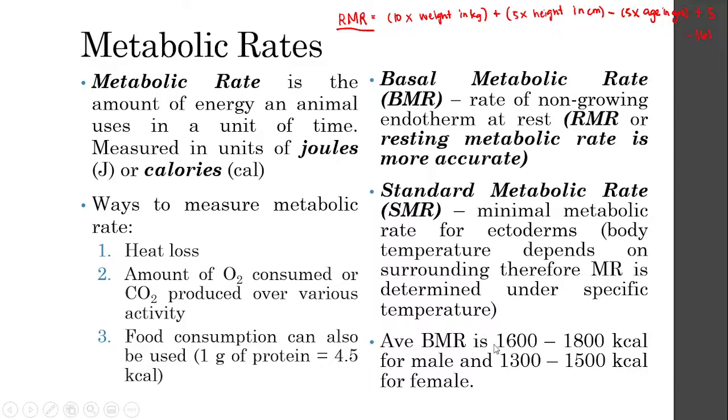So by taking this amount of energy in food, only 1600 or 1800 kilocalories as a male, will keep your weight as long as you are not doing anything, as long as you are at rest.